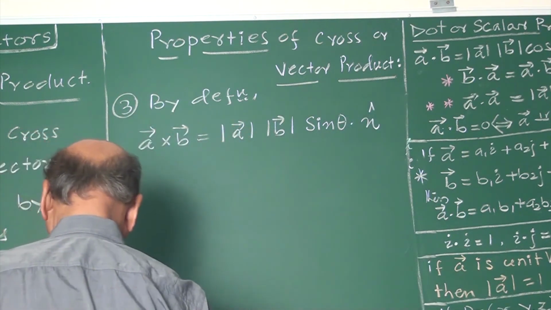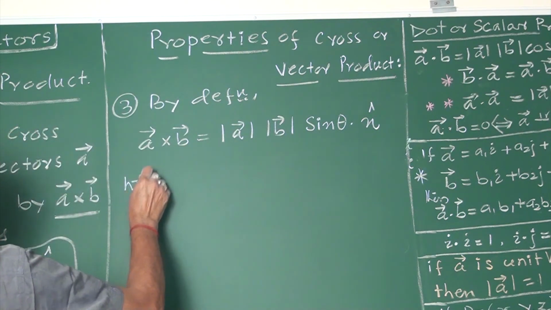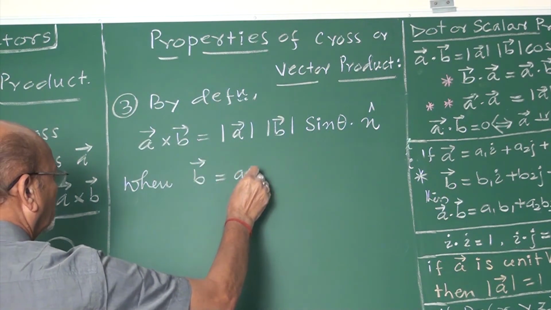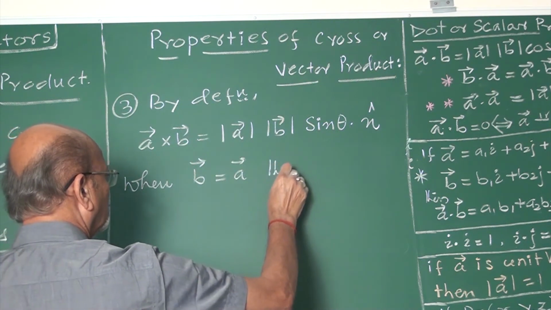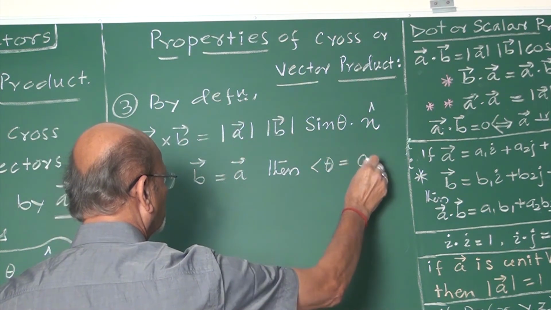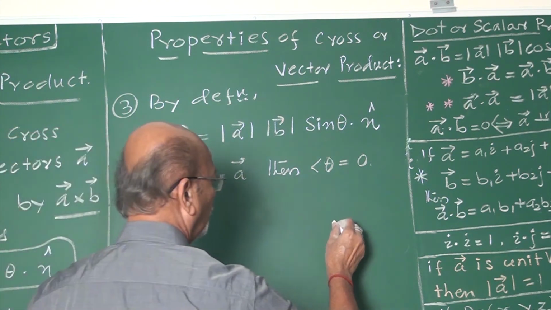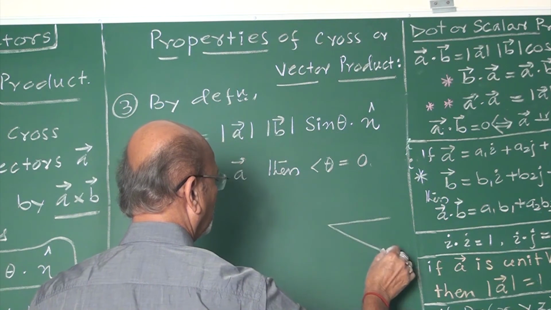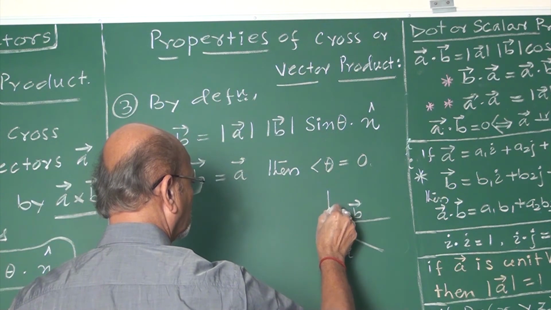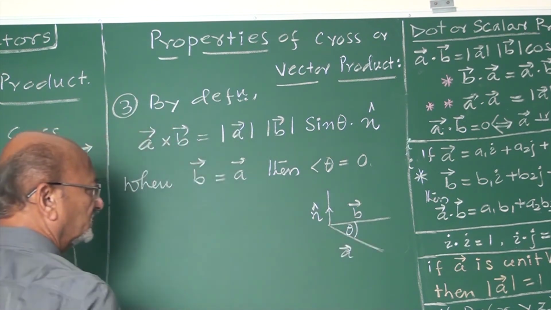Yes, my friends, in this, when vector B equal to vector A, then the angle between them is 0. This is A and B. This is eta cap. This is theta.